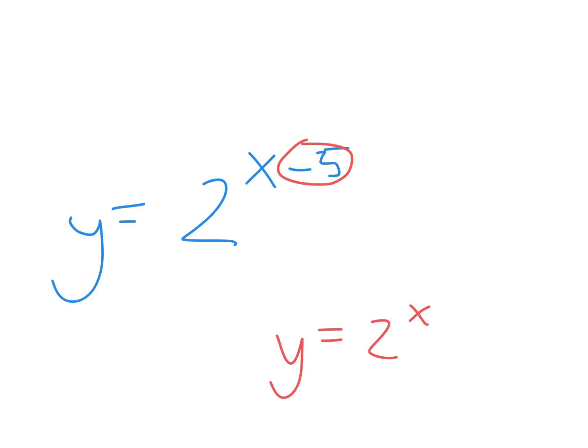Feels like that is by the x. Therefore, that is inside, and that's horizontal on the inside then. So that's a horizontal move. And you never trust the inside. So negatives feel like they should make you move to the left, so it's actually to the right. So this one would be right 5. Okay? So if it's in the exponent like that, it's by the x, therefore it's inside.